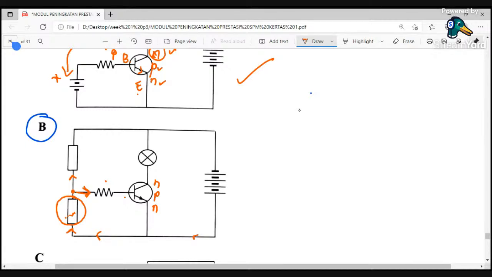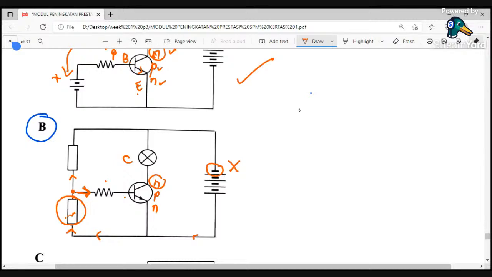So when current flow to here, this circuit will be on. Maksudnya transistor akan on. And then dia punya C dia N. C dia N itu di sini dia connect ke negatif. So ini tak boleh. Okay, nampak?